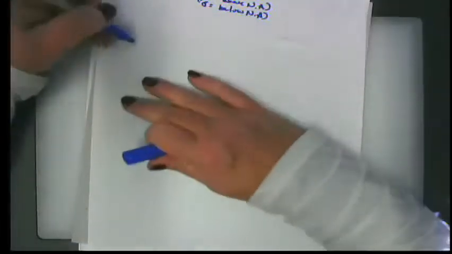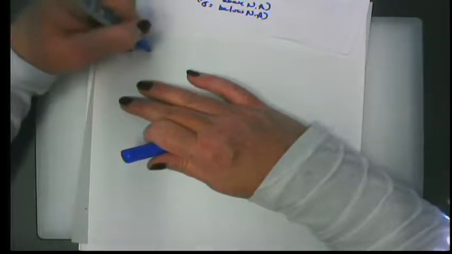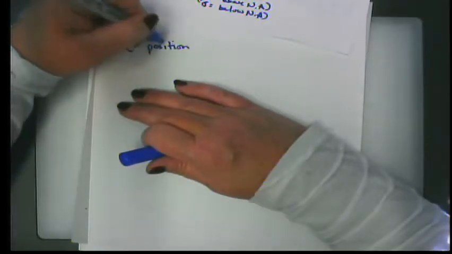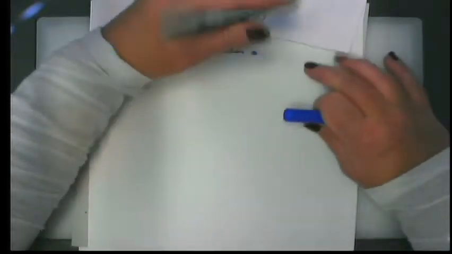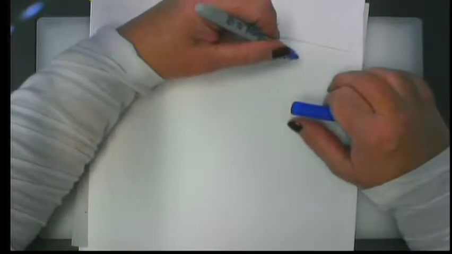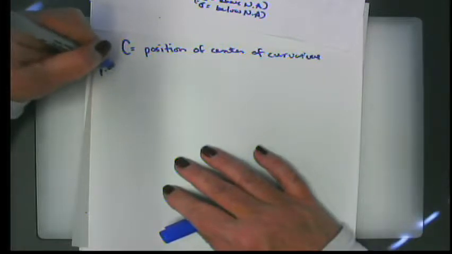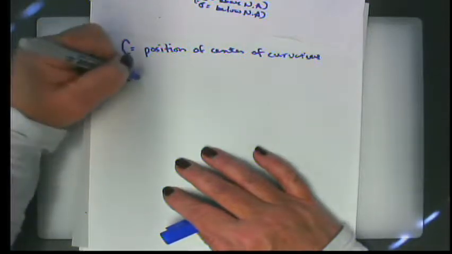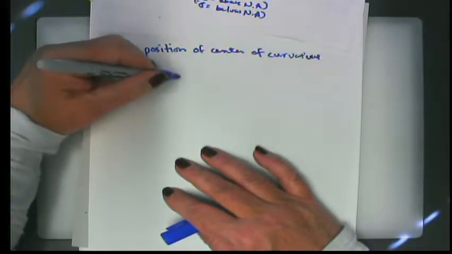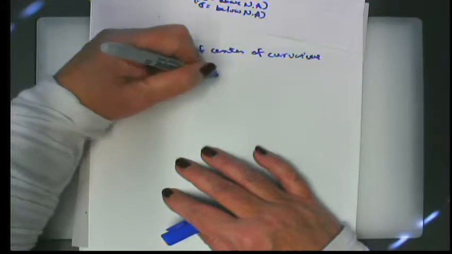So let's do this: capital C equals position of the center of curvature. And on page 244, your authors begin to refer to small c as the distance from the neutral axis. We've called that in the past y or negative y. So I'm not real keen on this idea.